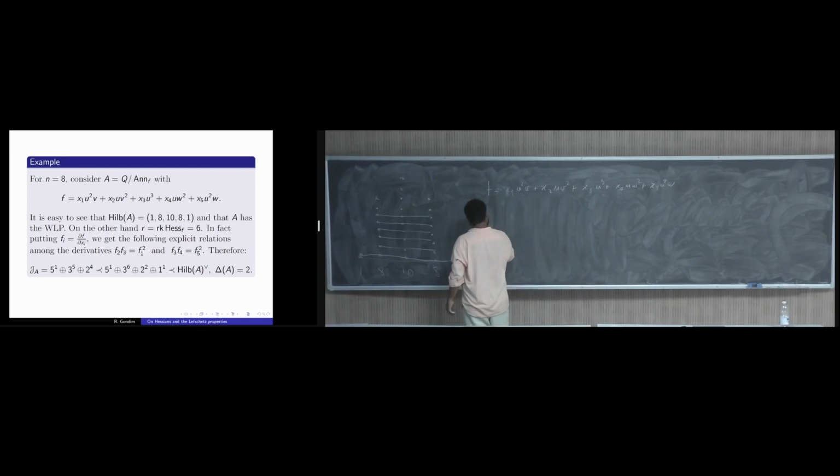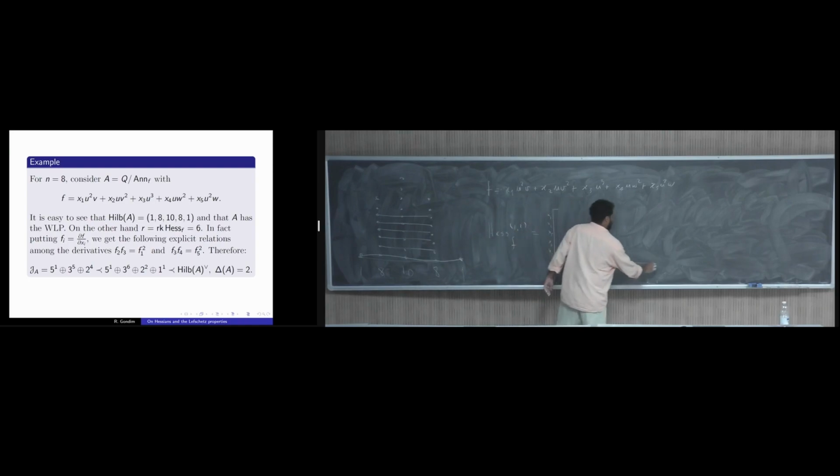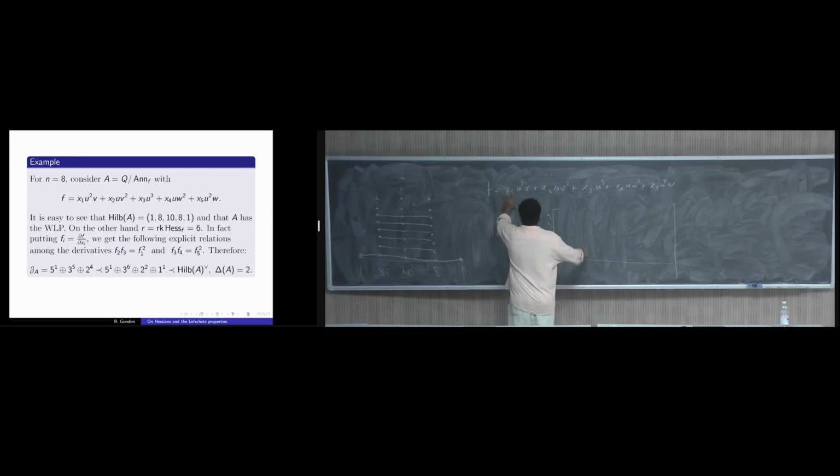The Hess 1, 2 of F, with rows 1, x1, x2, x3, x4, x5, and columns U, V, W. Block decomposition. x1 u, x1 v.